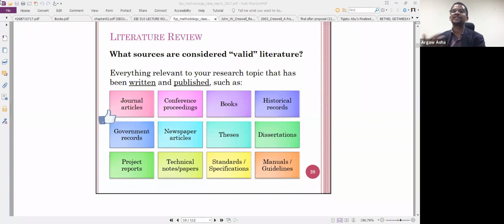Then newspaper articles, maybe journal articles and so on. Let us say we have a Reporter newspaper in Ethiopia, in Amharic or English versions. Ethiopian Herald, Amharic and English versions.